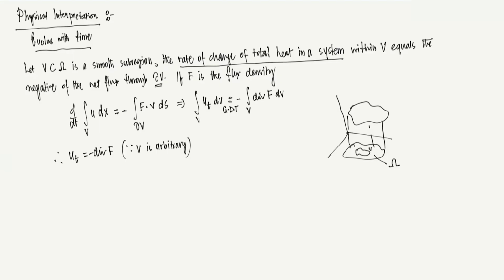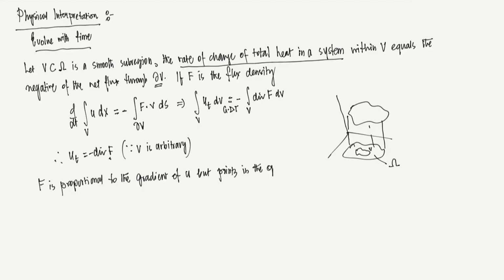Now generally what happens is this: the vector field F, the flux density, is proportional to the gradient of u, but points in the opposite direction.